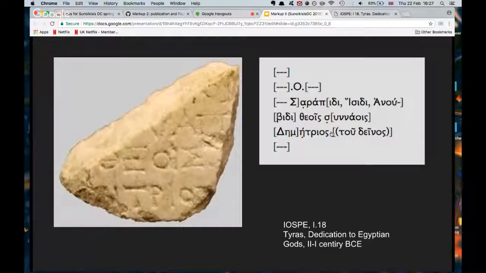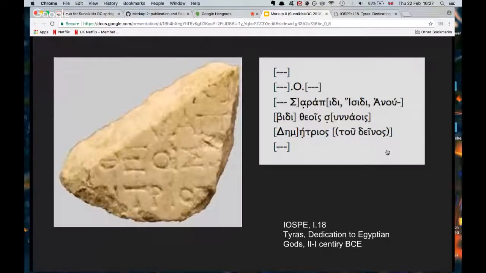We don't know, so we've put square brackets, but instead of the gap, the editor has decided to say, since this is a personal name and we expect something else to go with Demetrios, as it's in the Greek tradition, I'm going to put not three dots, but I'm going to say Demetrios somebody, having the word somebody in parentheses.